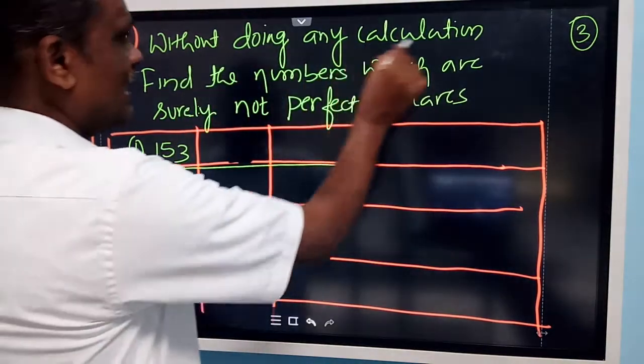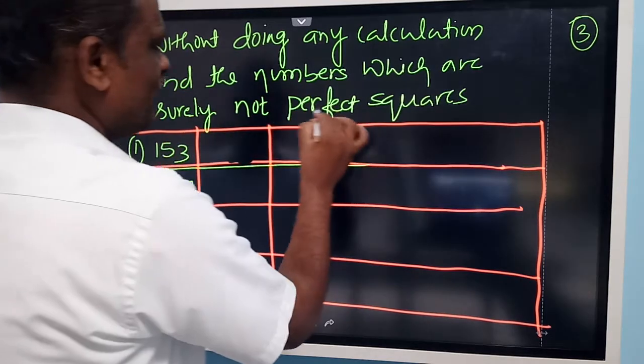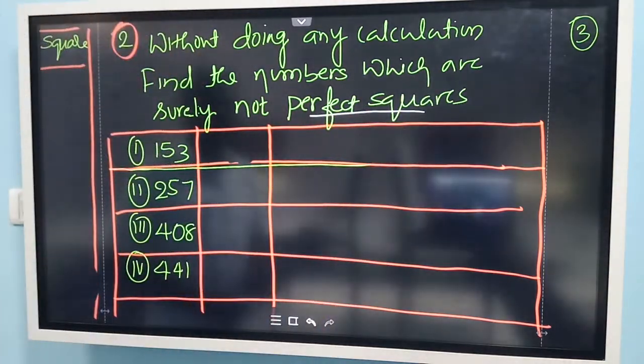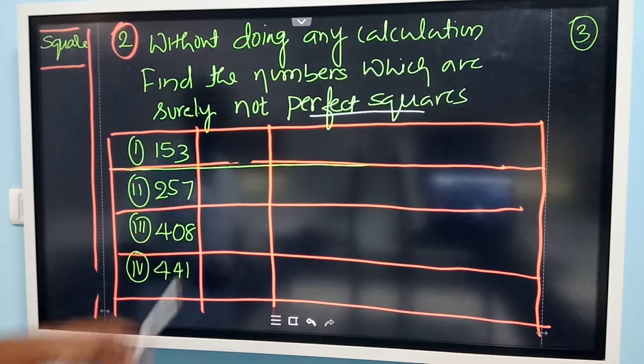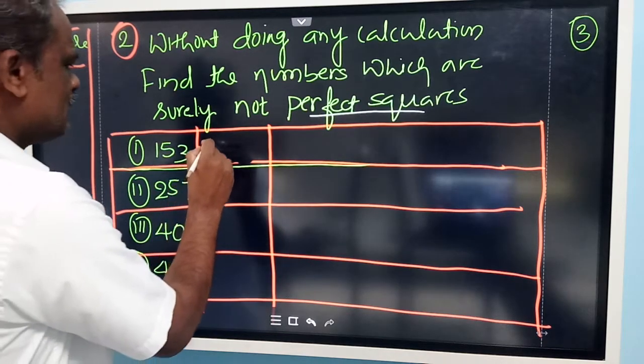Without doing any calculation, find the numbers which are surely not perfect square numbers. You have to tell me which of these numbers are not perfect square numbers. You have to tell me whether 153 is a square number or not. No, sir.